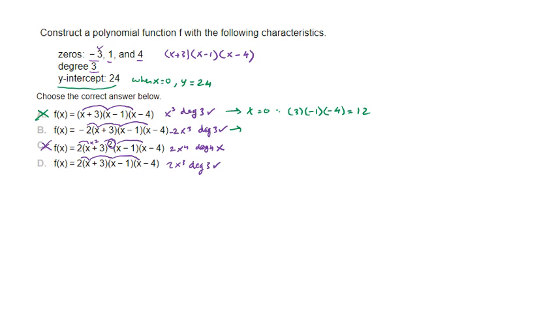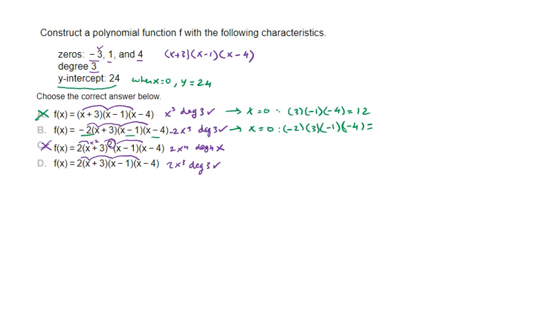Let's take a look at choice B. When x is 0, we're going to have -2, that's the number outside, and then times 3, and then times -1, and then times -4.